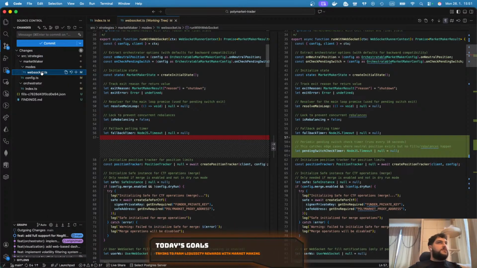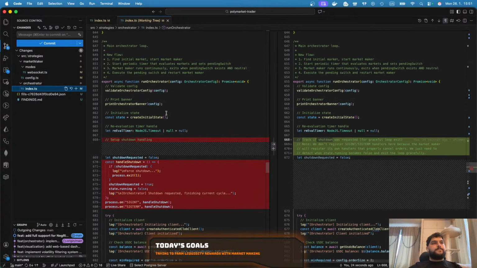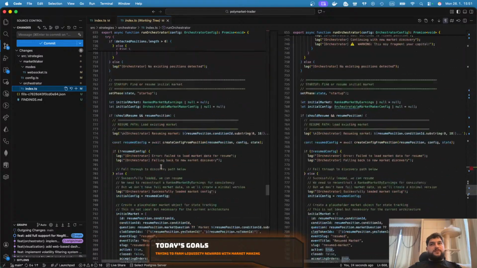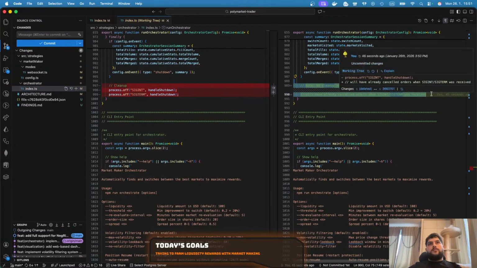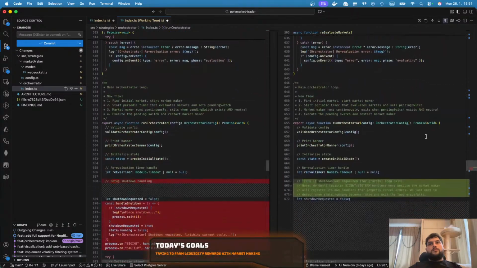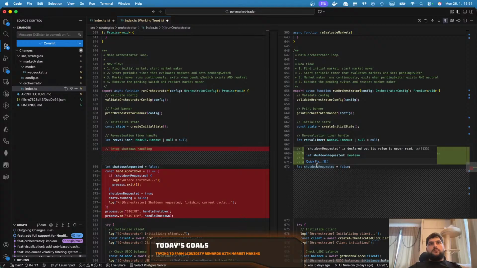Okay, so what were the fixes? The orchestrator now doesn't process the sigterm and sigint at all, which is okay, I think, because it didn't have any logic anyway. I think you can just remove that.